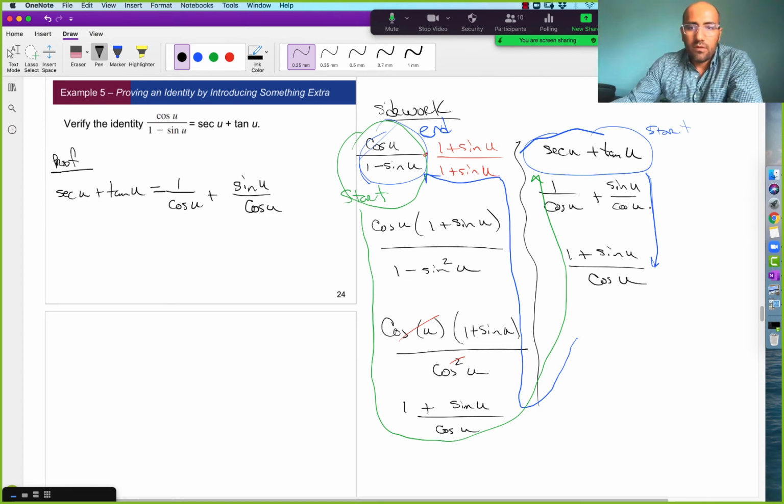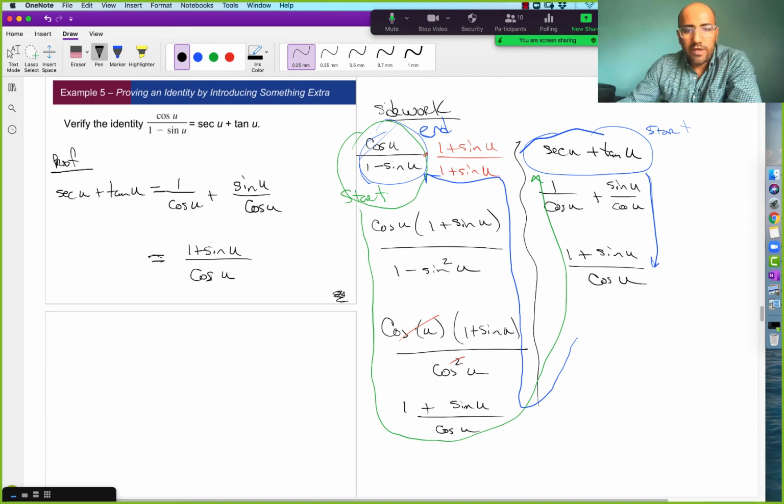Good. I'm just following my side work as a guide. And so next I want to combine them. So this is equal to 1 plus sine of u over cosine of u.